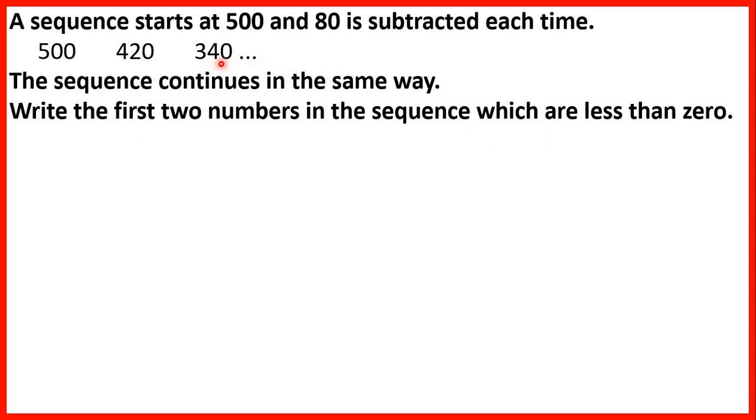So 340 minus 80 is 260, minus 80 is 180, minus 80 is 100, minus 80 is 20. So if we subtract 80 from 20, that will take us to below 0.